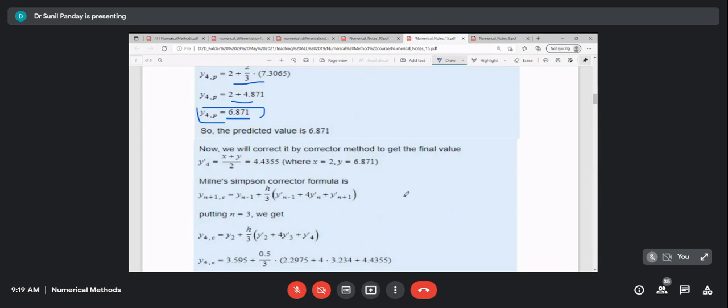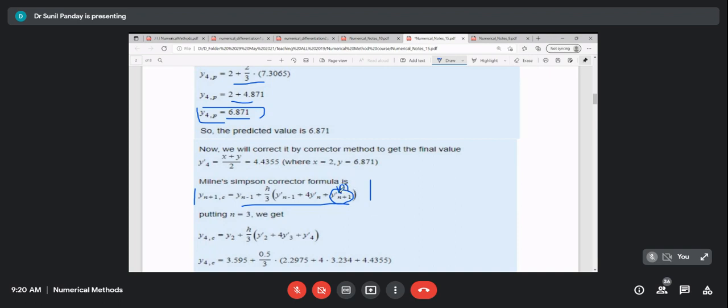In the corrector formula also, if you see, the corrector formula for Milne-Simpson is this one. Yn plus 1 equals yn minus 1 plus h by 3 times yn minus 1 dash plus 4 yn dash plus yn plus 1 dash. So yn plus 1 dash is required here. So what value will we substitute here? We will substitute the predicted value.